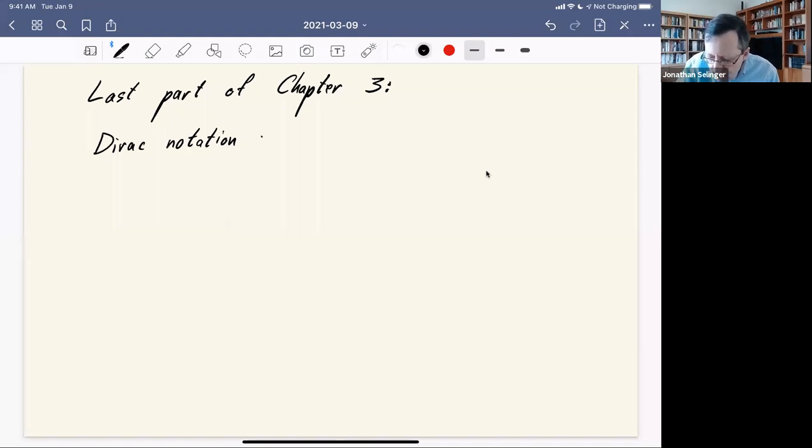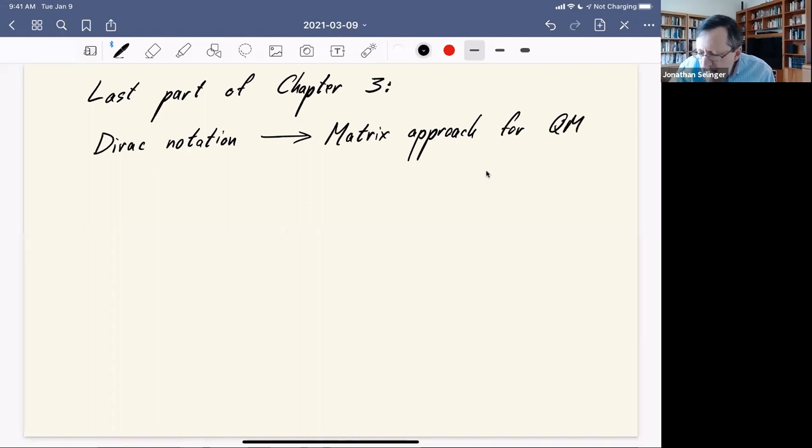And then this will lead us to a matrix approach for quantum mechanics, which is related to the wave function approach, but a little bit different. I'll show you how that works.